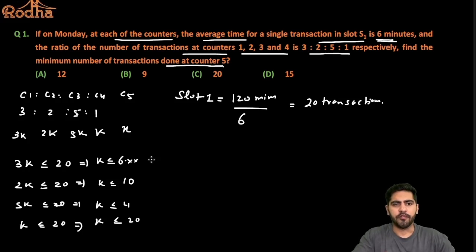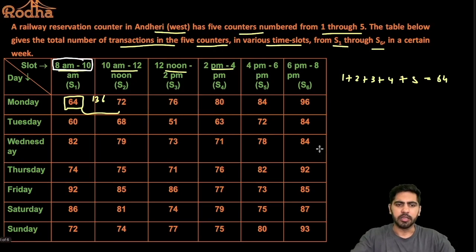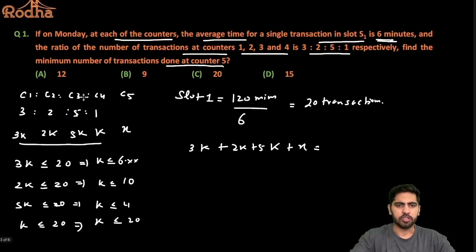Now it says find the minimum number of transactions done at counter number 5. All right. So the minimum number of transactions that can be done at counter number 5. Let's see. If I have these 4 transactions here, can I say 3K plus 2K plus 5K plus X? This should give me the total number of transactions in slot 1 across the 5 counters. And if you go back to the table, the total number of transactions in slot 1 across the 5 counters on Monday is nothing but 64, because the question talks about Monday.